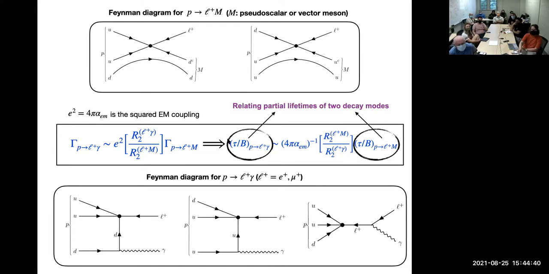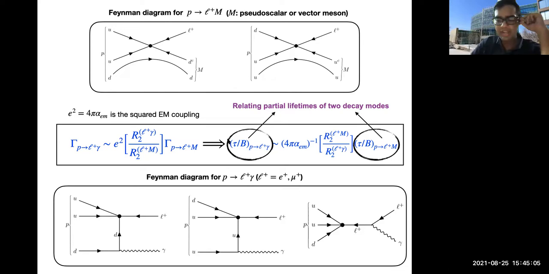I'm sorry, can you explain the lower diagram? It seems that you introduce a direct coupling of the baryon with the lepton. Is it due to some baryo-leptons, or how do you draw this diagram? Right.